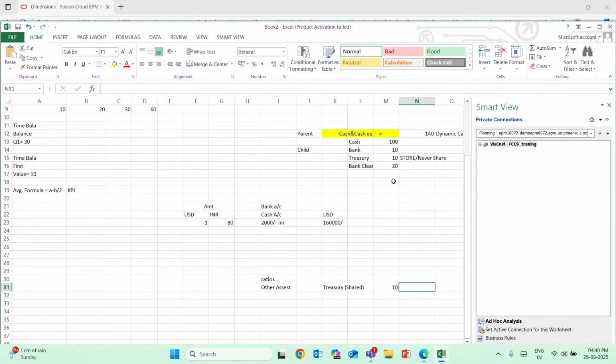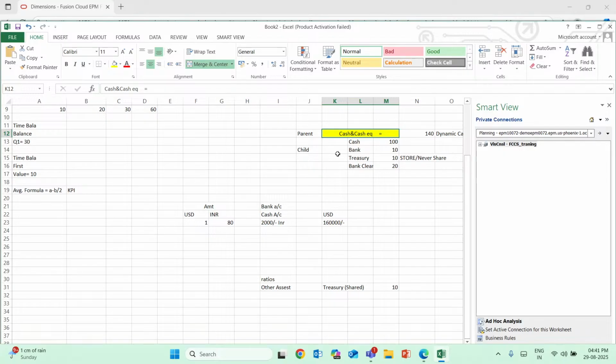What I mean is, we have taken the same account twice, so this treasury is going to have a unique property, because this data is meant for cash and cash equivalent, and this data is meant for other assets.